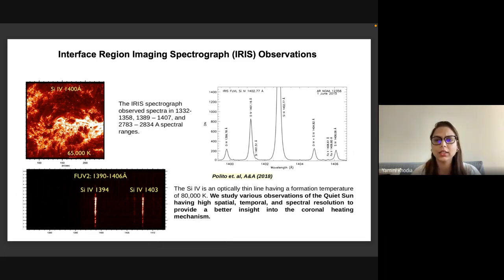Mostly these lines form at the height of the chromosphere and transition region, and these are the lines which I have used in my studies for different kinds of density and temperature diagnostics, and then calculating the path lengths and non-thermal velocities from that. As you can see, most of these lines are more or less optically thin, so they tend to show single Gaussian behavior.